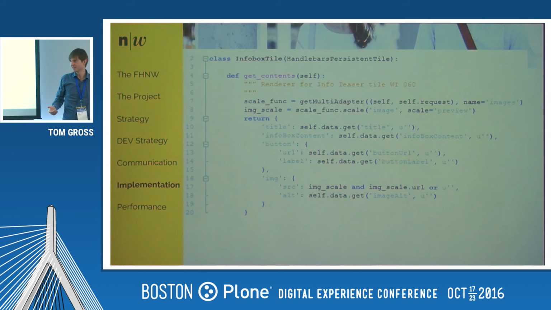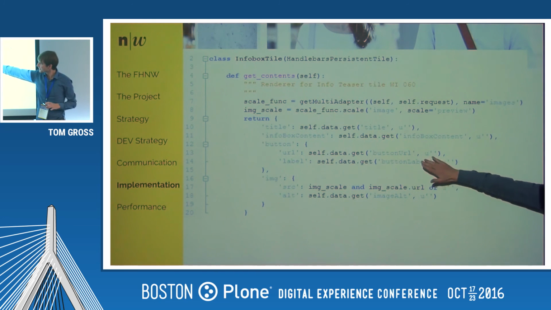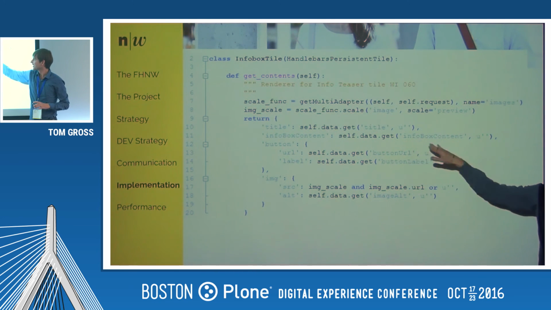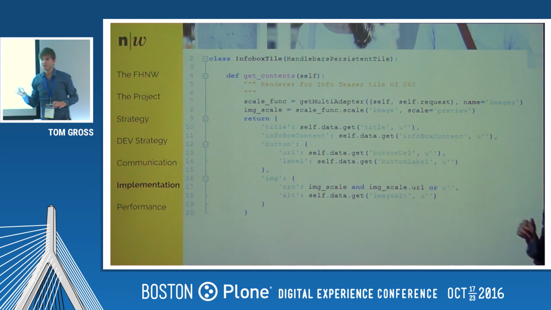It's a matter of minutes, and people were really impressed by the speed of the development, because the moment they saw the design, they could immediately play with it in Plone, and then we iterated to replace this static data with data we get from Plone.